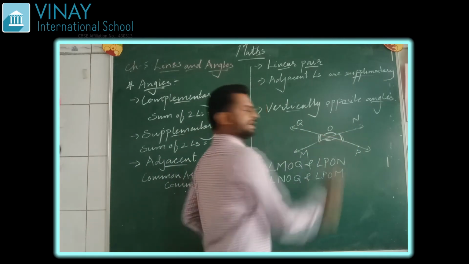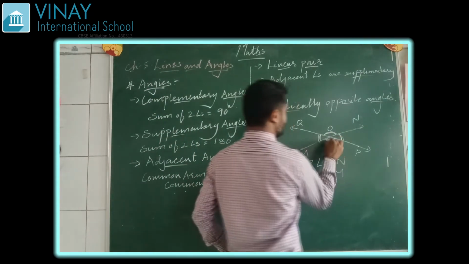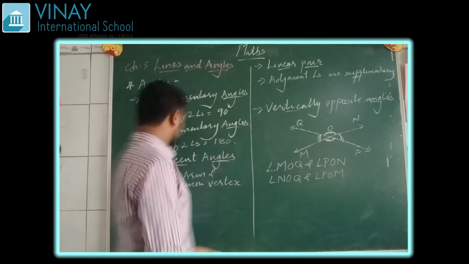This angle and this angle are vertically opposite angles. The same way this angle and this angle are also vertically opposite angles.